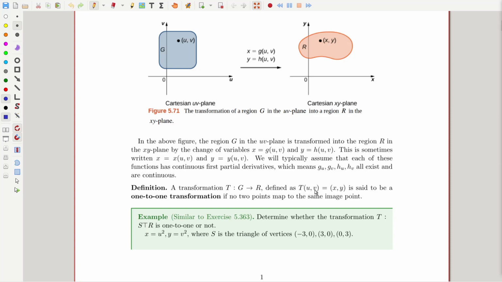Intuitively, you want the transformation to act smoothly, going from G to R. You want it to not suddenly make creases in your space. You want things to smoothly map from one thing to another. That's what the idea of the partial derivatives being continuous represents intuitively.